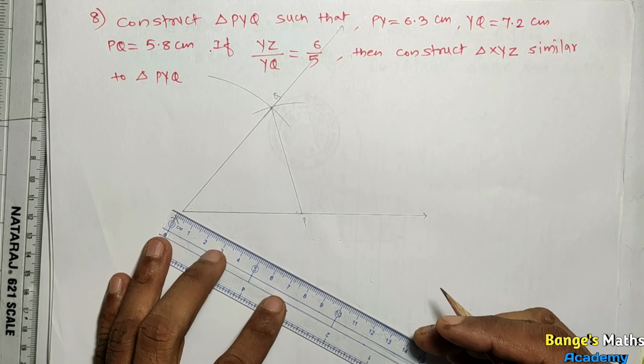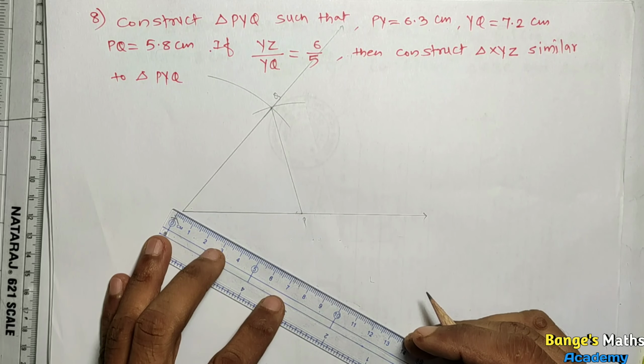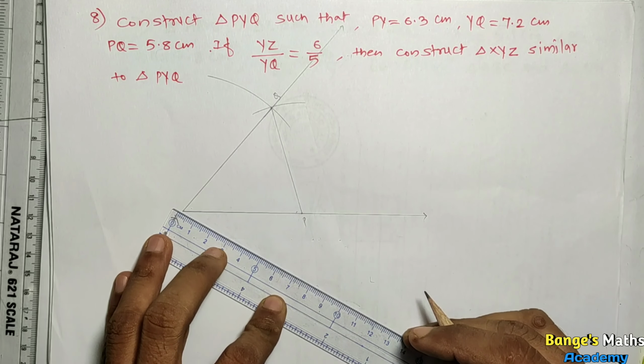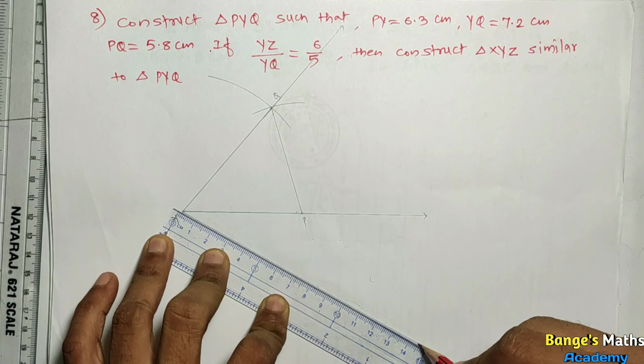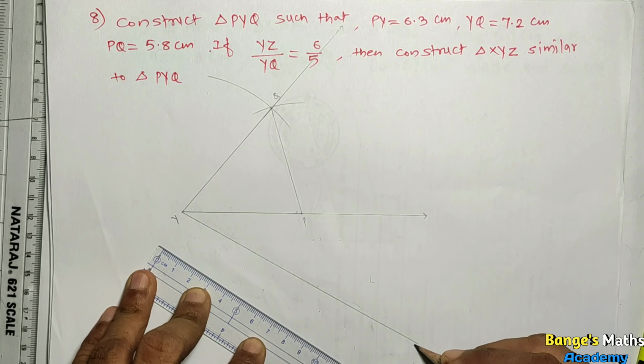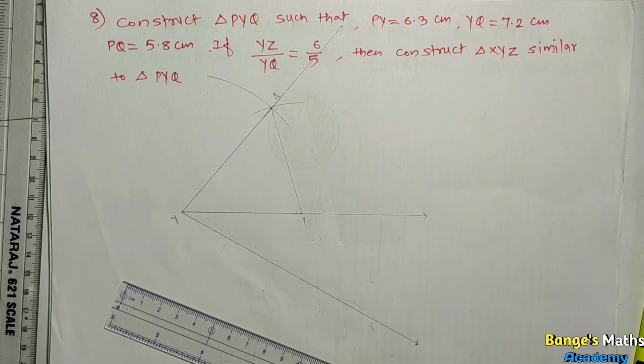Construct a suitable angle passing through point Y respective to side YP. Then YZ upon YQ is 6 upon 5.